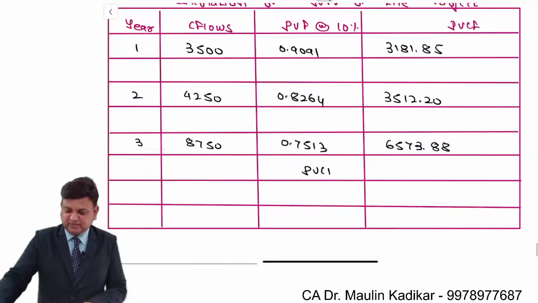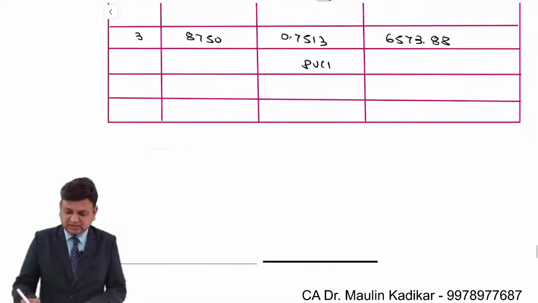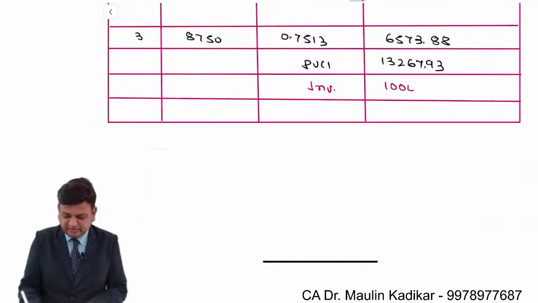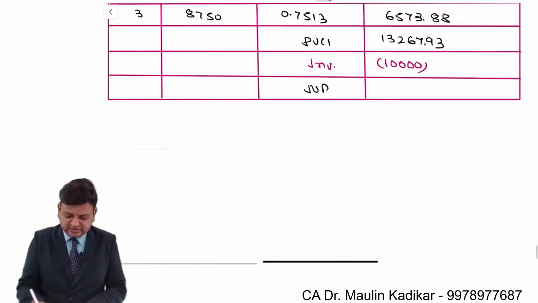Present value of the cash inflow is 13,267.93. Less investment. Amount of investment is 10,000, and the difference of both of them is NPV, 3,267.93.